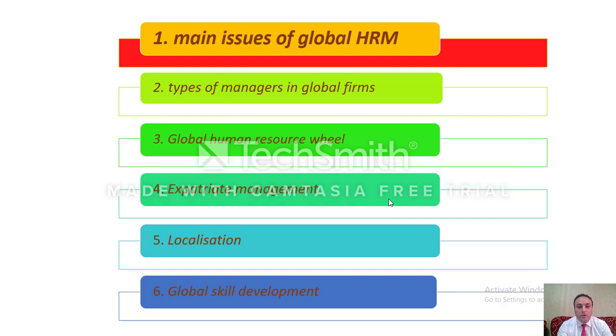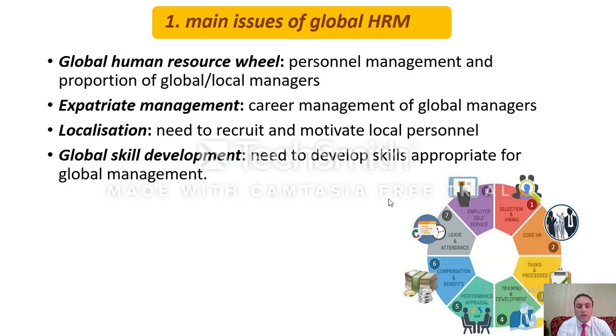We started already with the main issues of global HR management. As we saw, the global human resources wheel, we will see this in the next slide. Also, the personnel management and the proportion of global and local managers in the corporation.